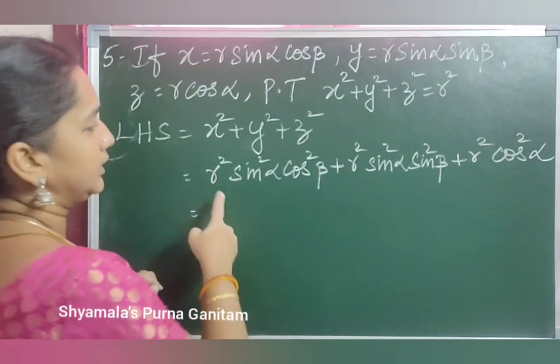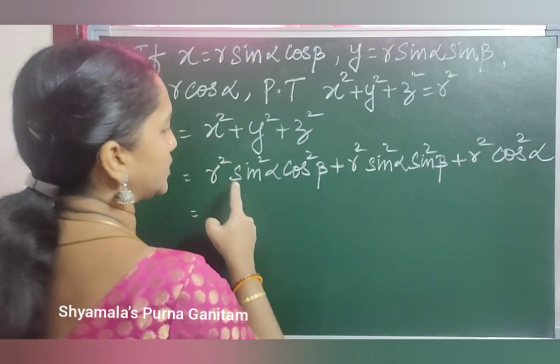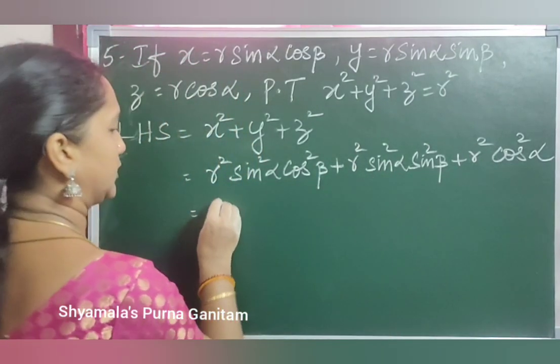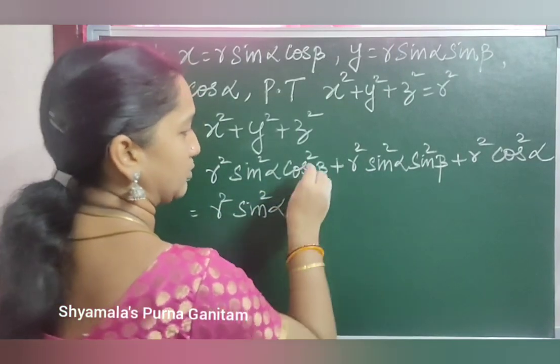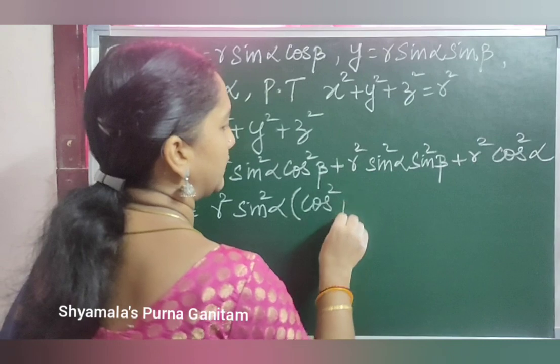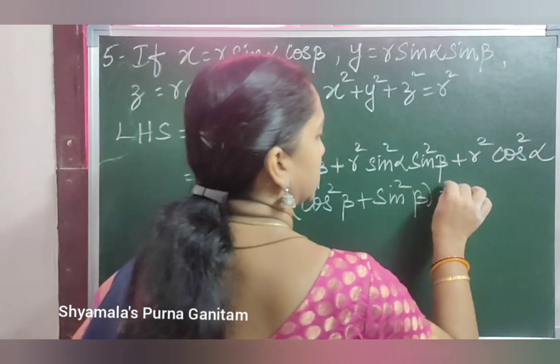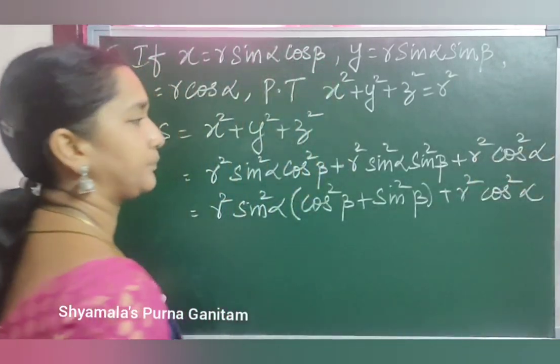In this, when you take the first two terms, r squared sin squared alpha is common. So I take that outside. The balance I have is cos squared beta plus sin squared beta. The last one I'll keep as it is.